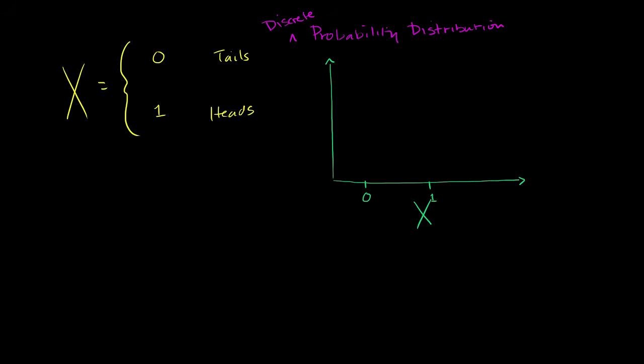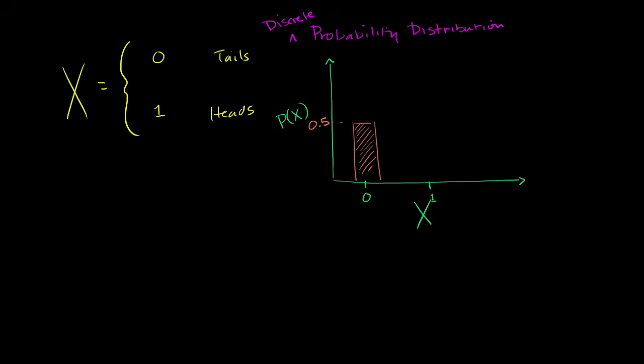And then here on the vertical axis, I'll plot the probability of getting any one of those outcomes. And so the person tells you, okay, the probability of getting a 0 is 50%. So they draw a little bar here. It's like a histogram, a bar chart. And so this goes right up here to 50%, which I'll draw as a decimal, 0.5.